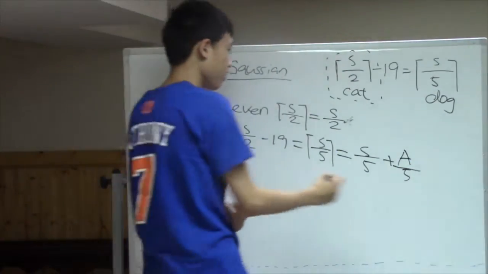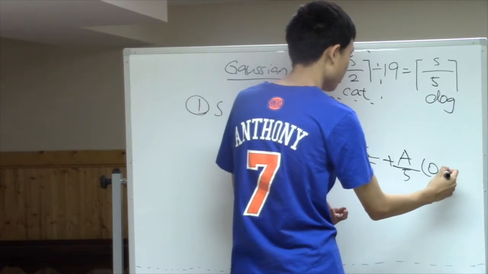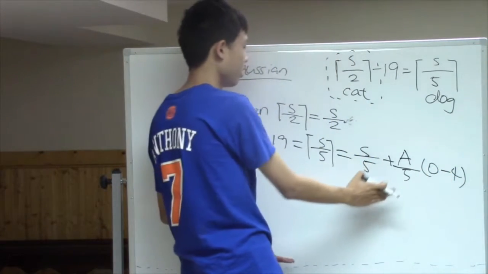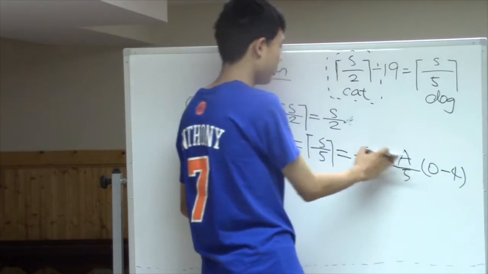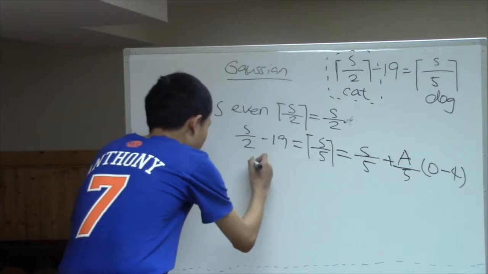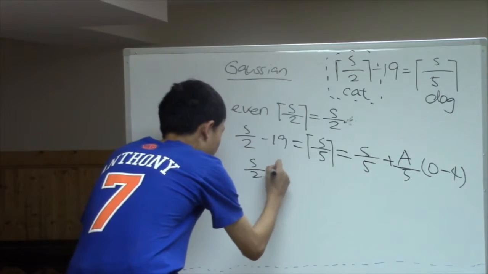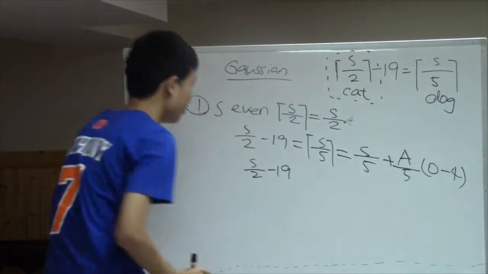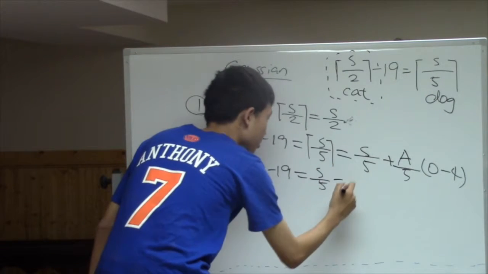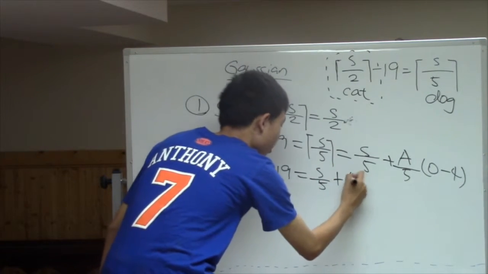This A can be 0 to 4, 4 being the maximum because otherwise we could add 1, and it has to be an integer. So S over 2 minus 19 equals S over 5 plus A over 5.